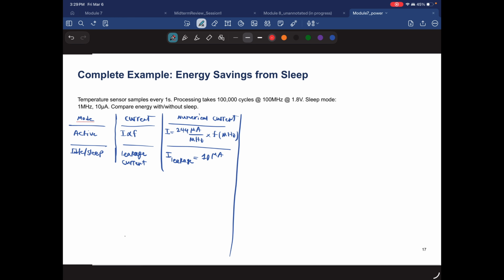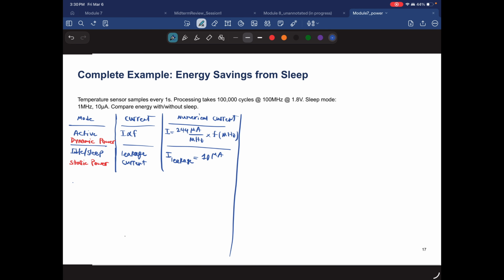When we are active, the power that exists is the dynamic power, and in idle, it's only static power. We have a static power in active mode too, but it's not the dominant one.